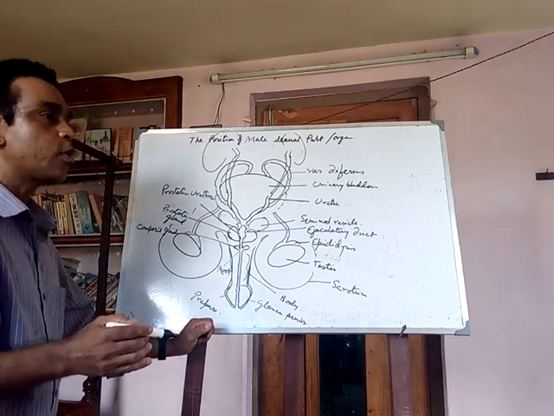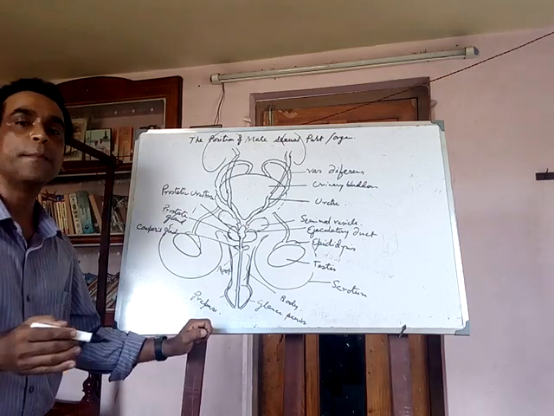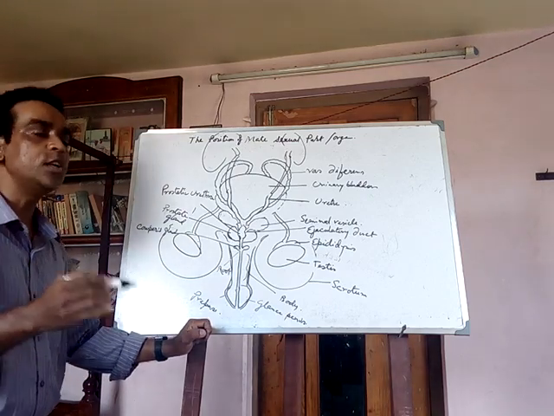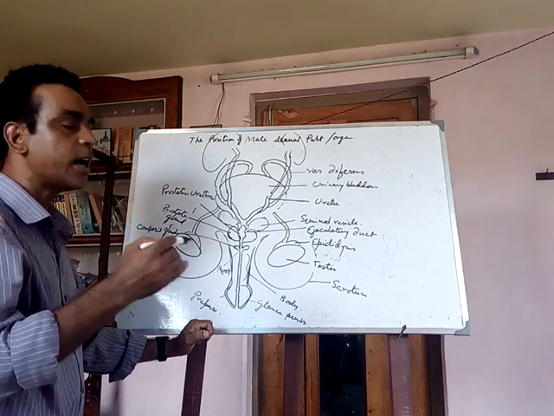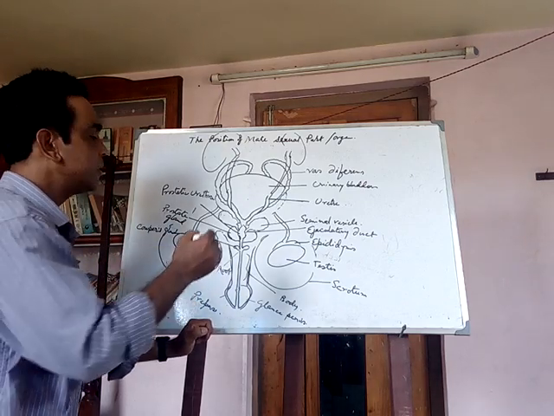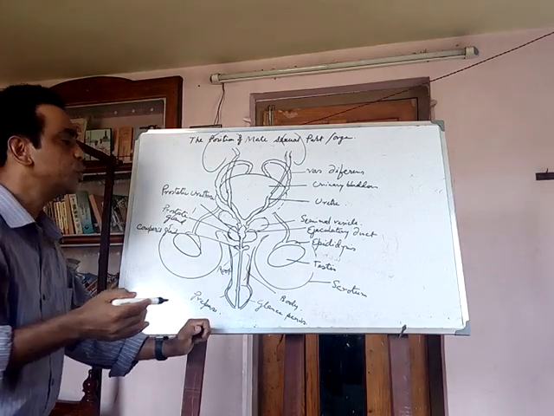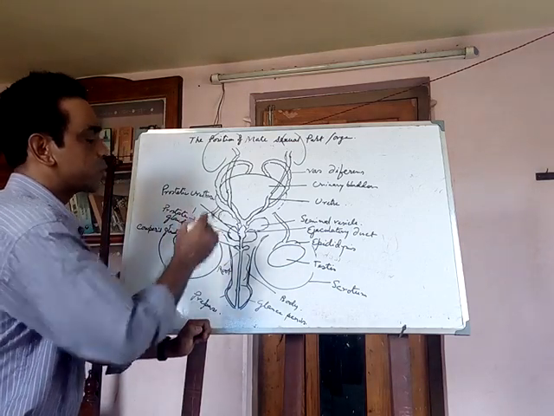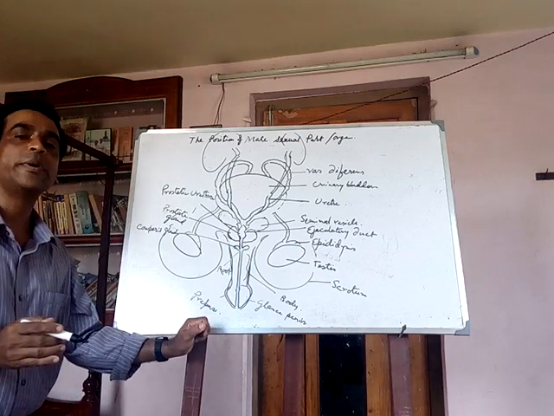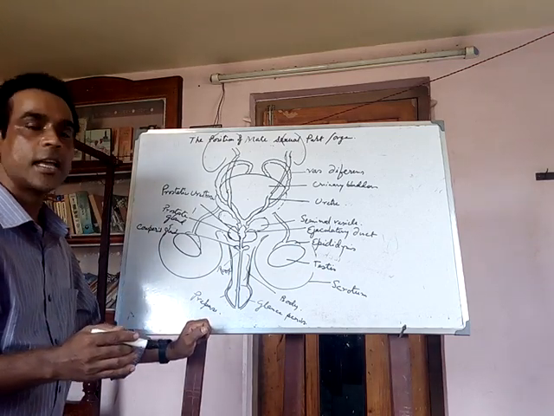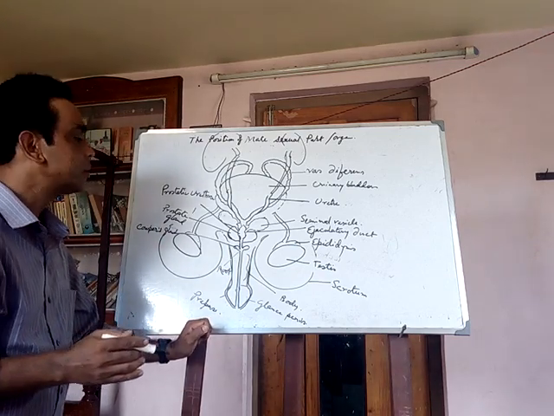When these abnormal cells show malignancy and gradually continue dividing and forming new cells, the prostate gland shows abnormality and peculiar enlargement. This is called prostate cancer.